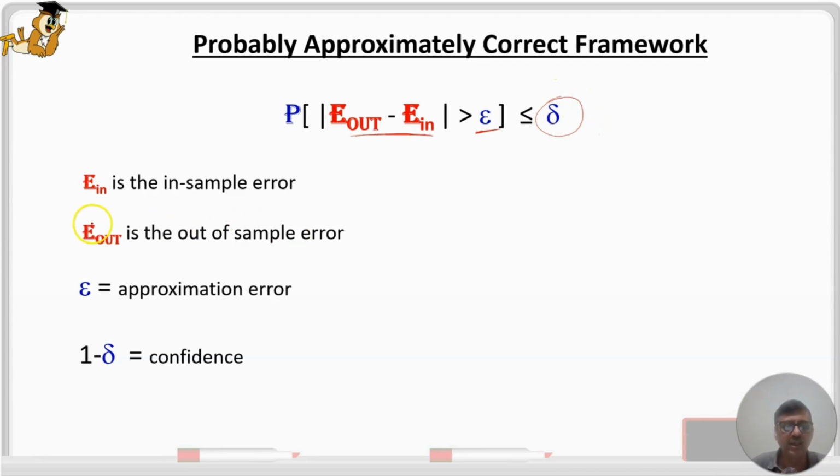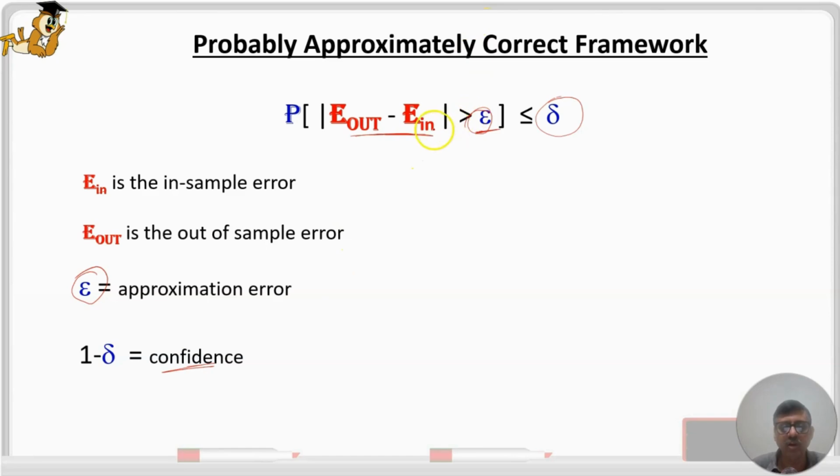Here E in is of course the in sample error which we talked about, and E out is the out of sample error. Epsilon is called the approximation error because it tells you how close E out and E in will likely be. And 1 minus delta is the confidence.